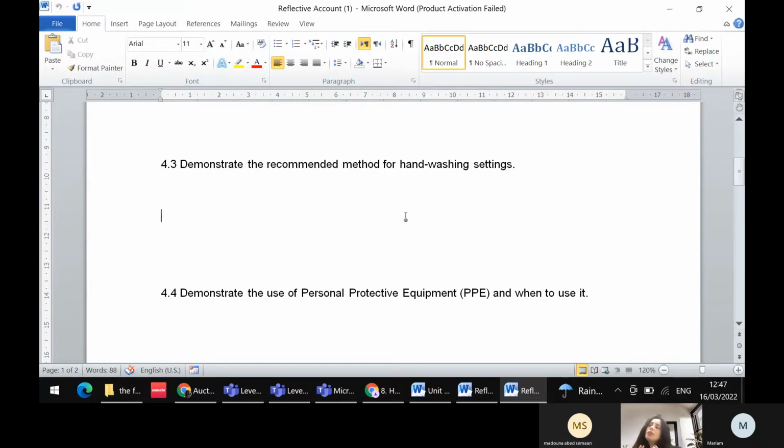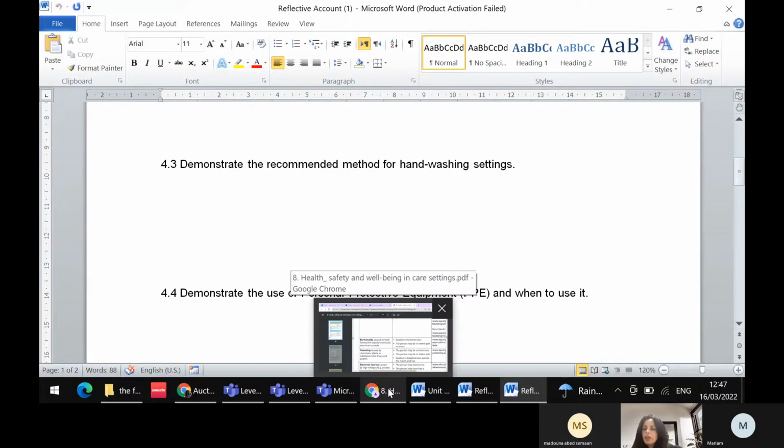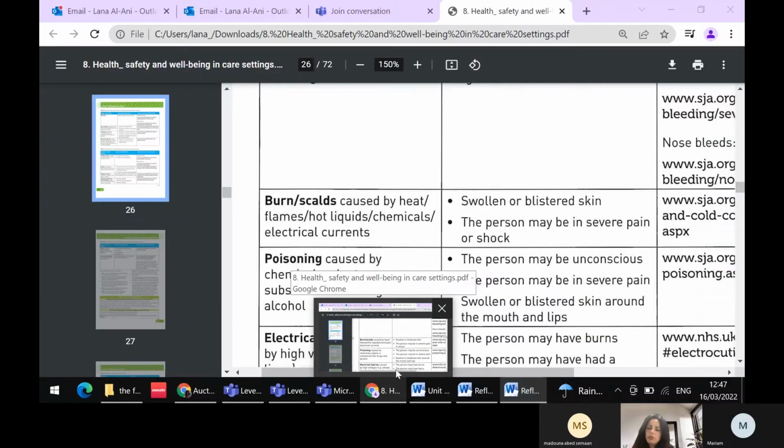But because at the moment I'm not coming to your workplace, we better answer this question on paper. If you have any work placement, that would be great, so I can come and check it with you. But now, how can you do your hand washing in the care setting? So let us go to 4.3.